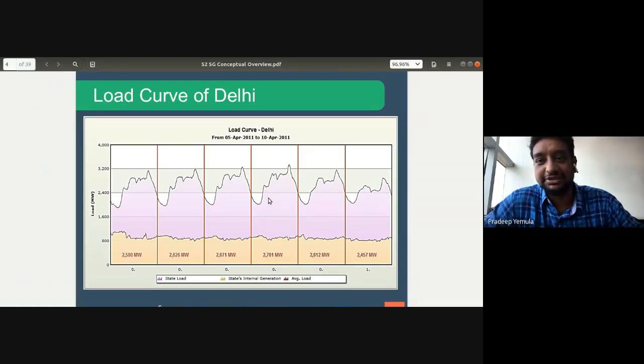Anyone can answer. I will repeat the question. Given the load curve, where the load varies from a minimum of 1800 to a maximum of 3200 megawatts, how much generation plant capacity is required to meet this demand?